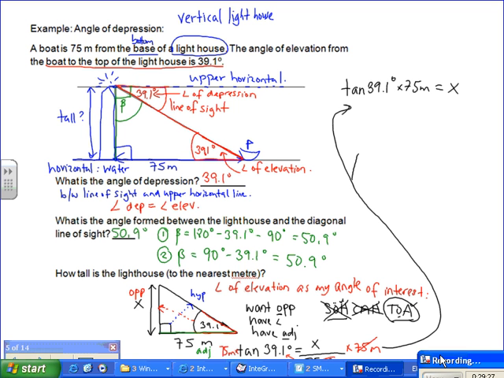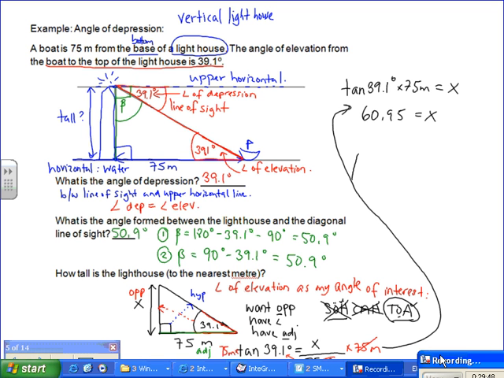Okay, and my answer is going to be, well, the tan of 39.1 gives me 0.81267 times 75. Okay, I get 60.95 is equal to X. So that answer X is actually a side. So that is the height of my lighthouse.